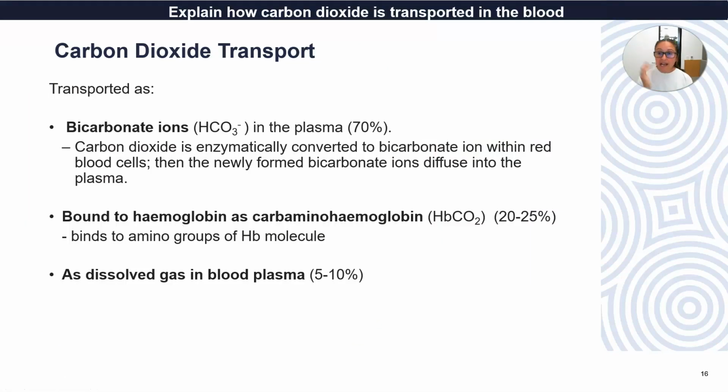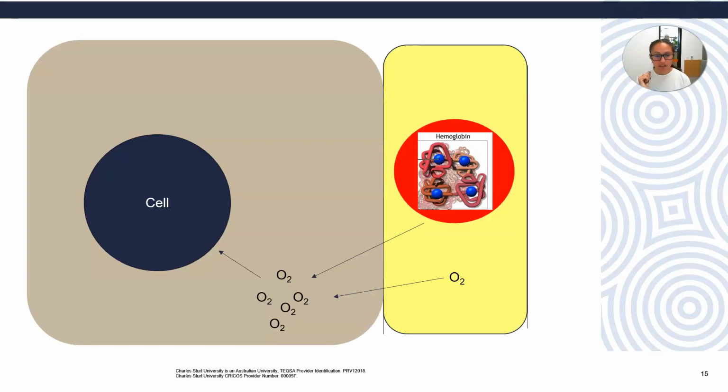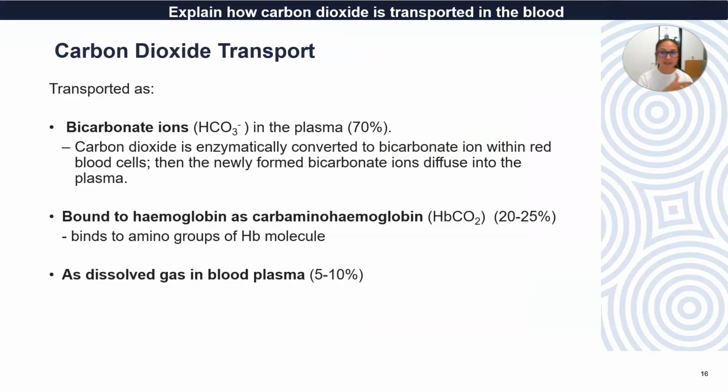And that. Now we're going to look at carbon dioxide transport. Now, how do we carry carbon dioxide from the tissue to the lung? Okay, so this was how do we carry oxygen from the lung and then dump it in the tissue. Now we're going the other way.